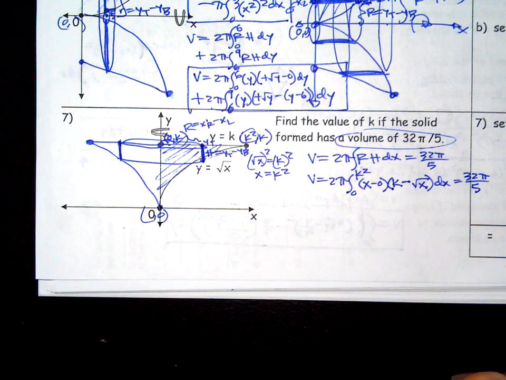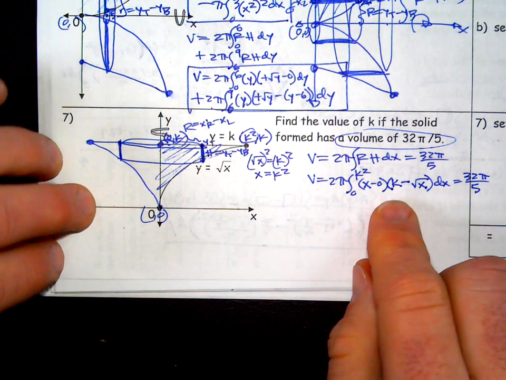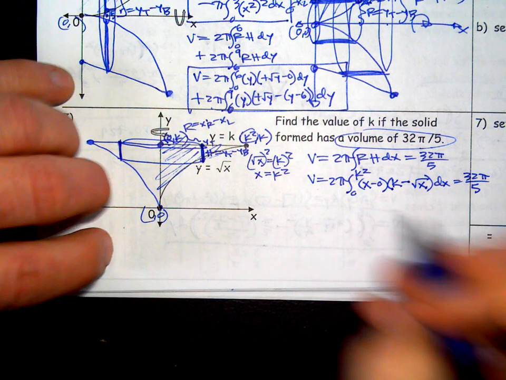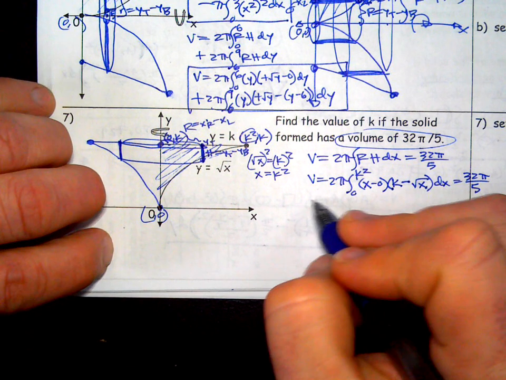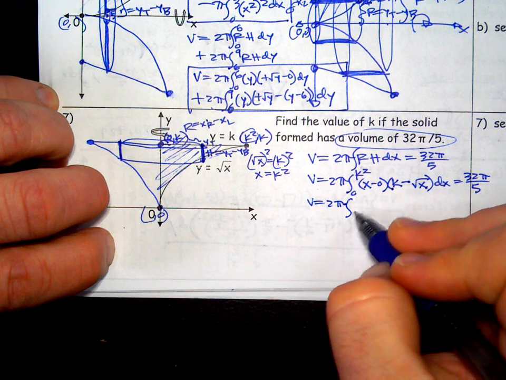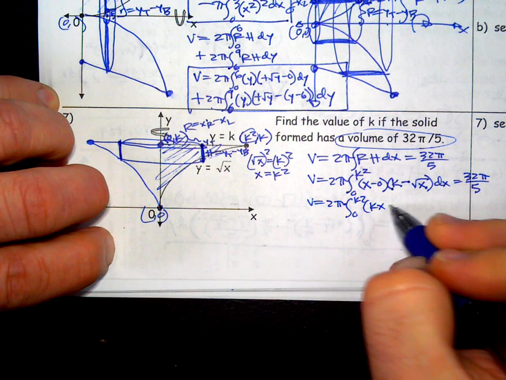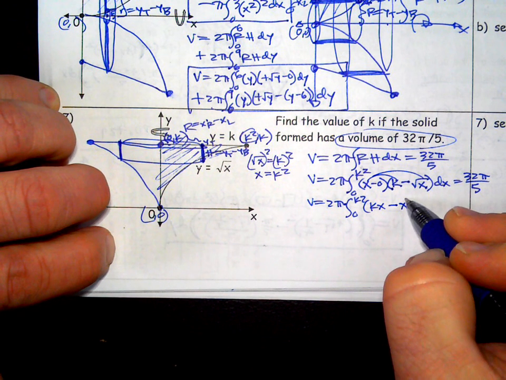Okay, well, we got to integrate this. This is a lot like finding that y equals k or x equals k that cuts the area in half problem on the front. So we're going to have to actually integrate this by hand. And so we probably want to simplify this and say, well, this is kx minus x to the 3 halves, distributing this.